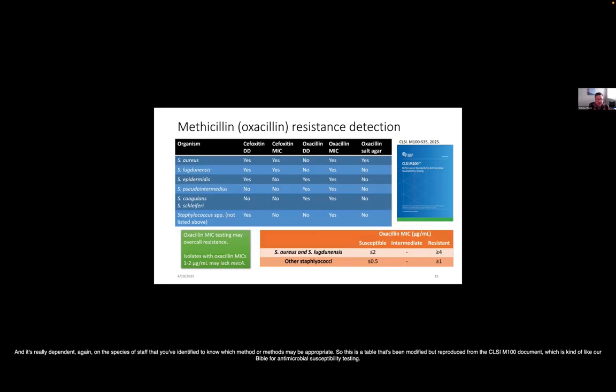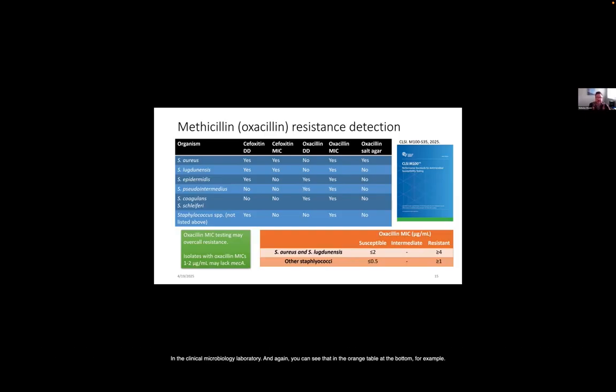This is a table that's been modified but reproduced from the CLSI M100 document, which is kind of like our Bible for antimicrobial susceptibility testing in the clinical microbiology laboratory. You can see in the orange table at the bottom, for example, that for Staph aureus and Staphylococcus lugdunensis, the susceptible cutoff is much different than for other Staphylococcus species.